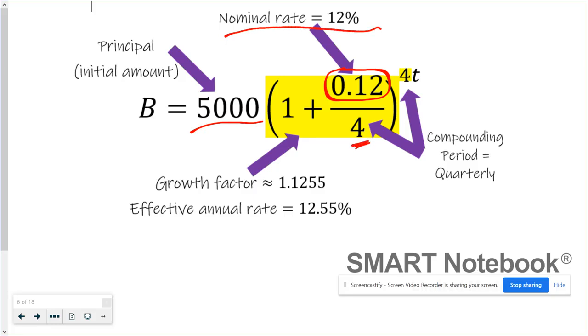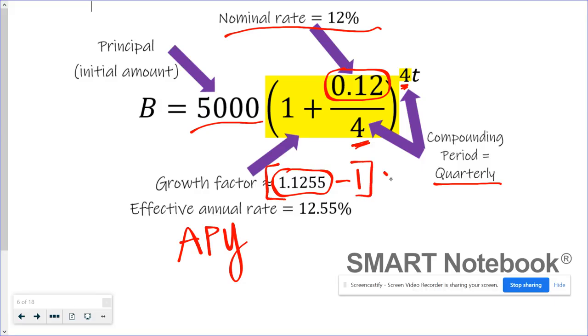The 4s here, that's indicating that the interest is compounded 4 times per year, which we say is quarterly. Now, what I have highlighted will tell us that APY, once we calculate it. The highlighted part will give me that growth factor, but once I subtract 1 and then multiply this result by 100, I'll get the APY percent rate.